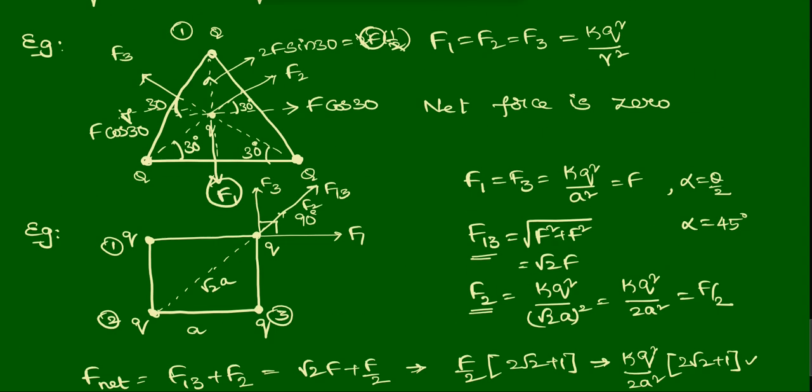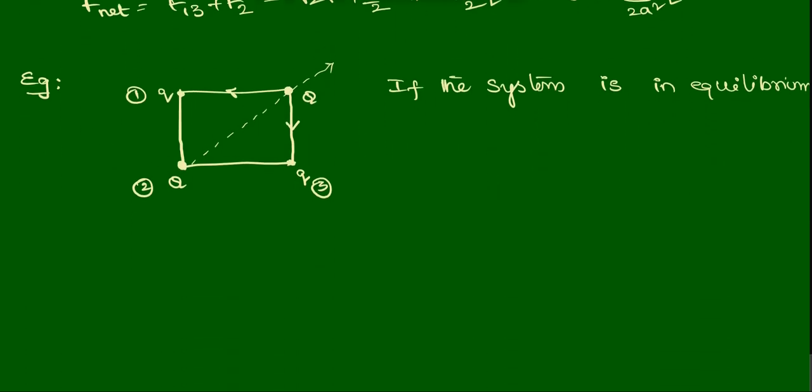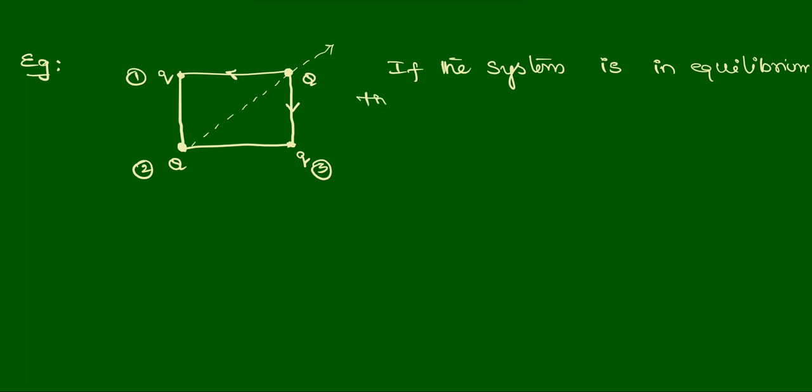If the system is in equilibrium, then find q by Q. They will ask you to find q by Q. In that situation, this F13 will act in this direction.